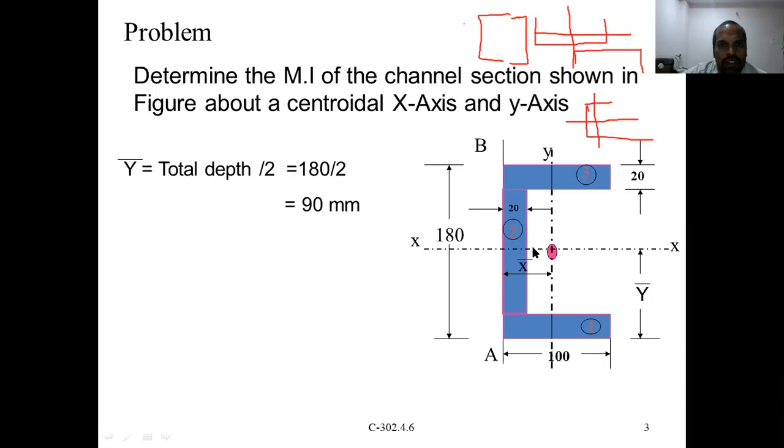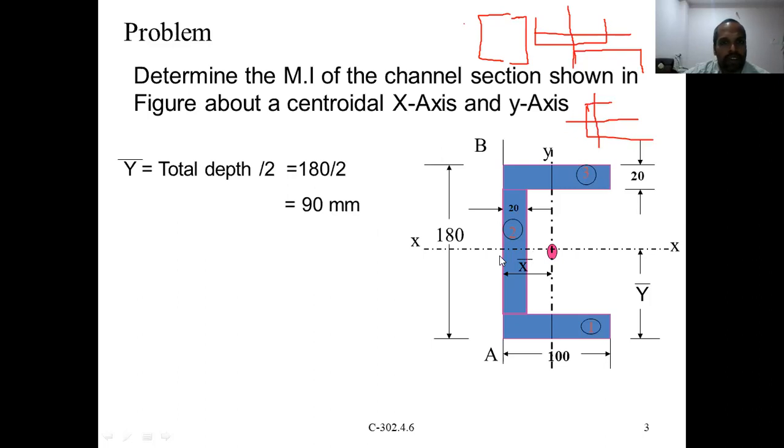Centroid calculation. Moment of inertia problems are always related to two parts. One is centroid calculation, the next is moment of inertia calculation. Centroid calculation is first. Whatever the problem given, whatever the section, you have to calculate the centroids, either directly or by using formulas. In some cases, if it is symmetric about both axes, you can directly say what the centroidal distance is.